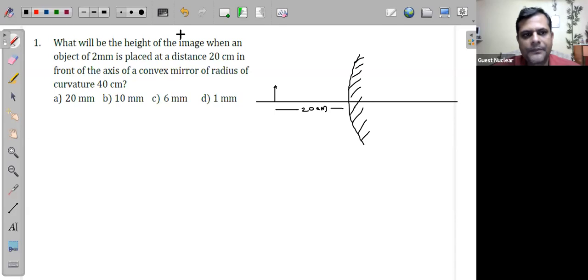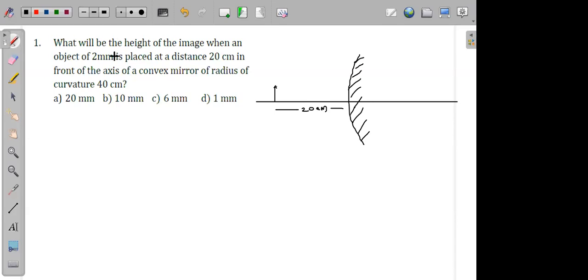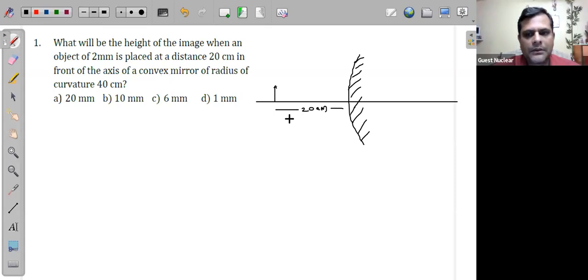Okay. And then the object height is given to be 2 millimeter here.